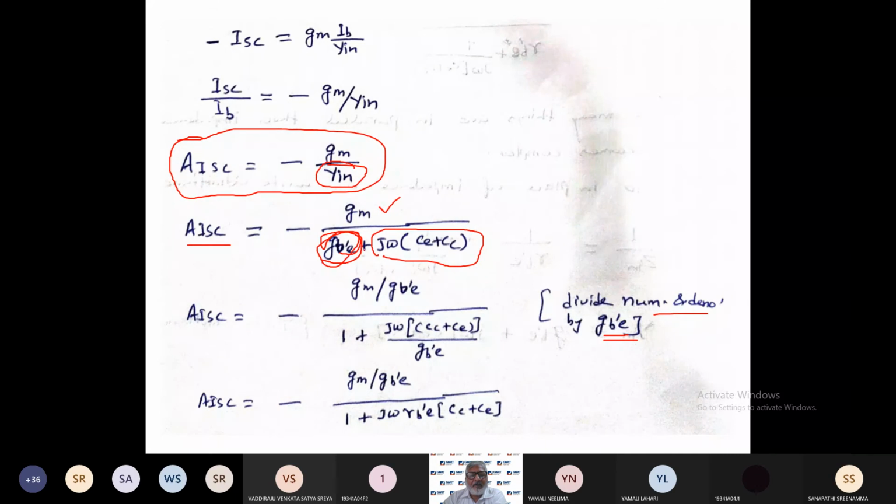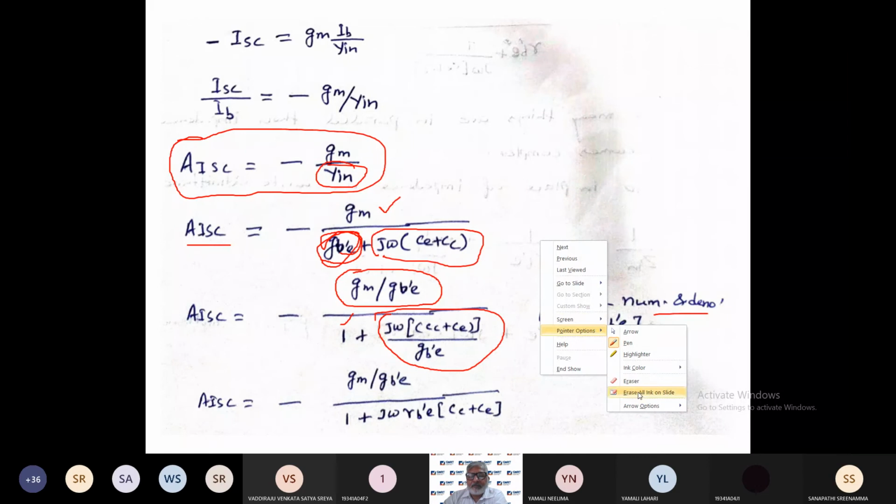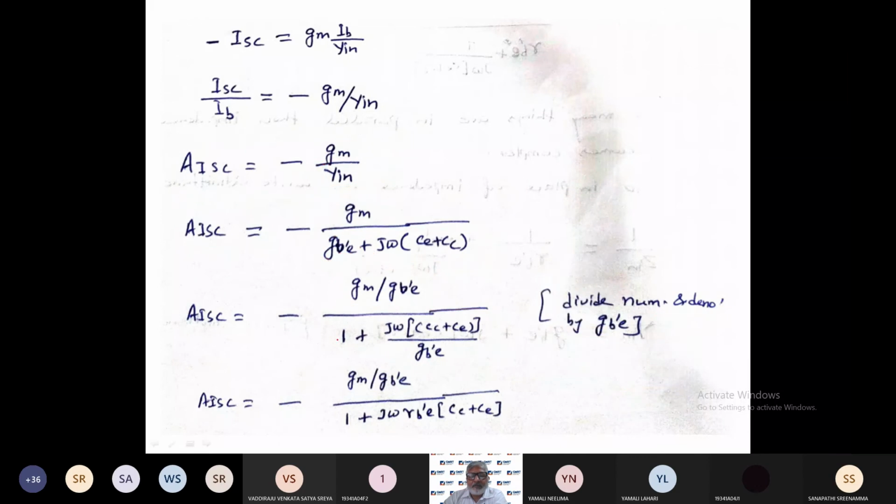So in the numerator I will get gm divided by g b'e. In the denominator, this part will become 1, and here j omega (Cc plus Ce) divided by g b'e. This g b'e I have written in terms of resistance, so 1 by g b'e can be written as r b'e. Okay, so up to here there is no problem.